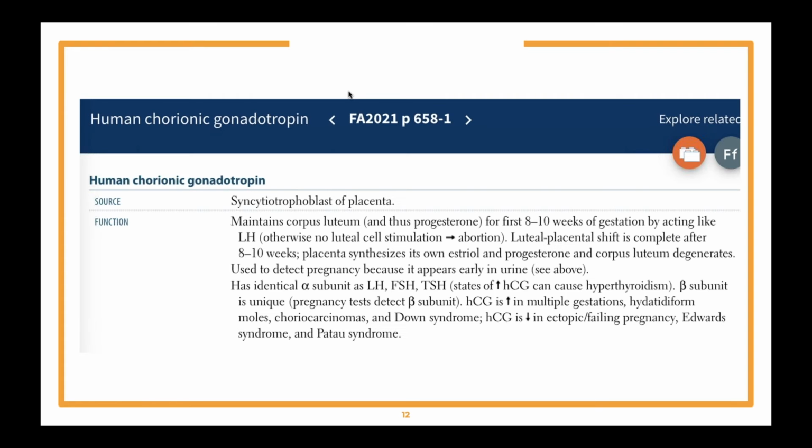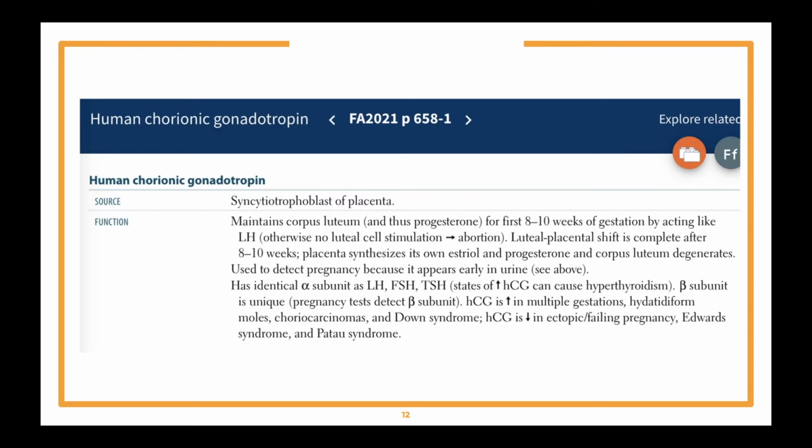Okay? So let's take a look at the next slide. We'll go ahead and take a look at some of the normal functions of human HCG. You can see there that right away, it tells us that the HCG is used to maintain the corpus luteum. Okay? So immediately after ovulation, the corpus luteum produces progesterone. Okay? This makes the lining of the uterus suitable for implantation.